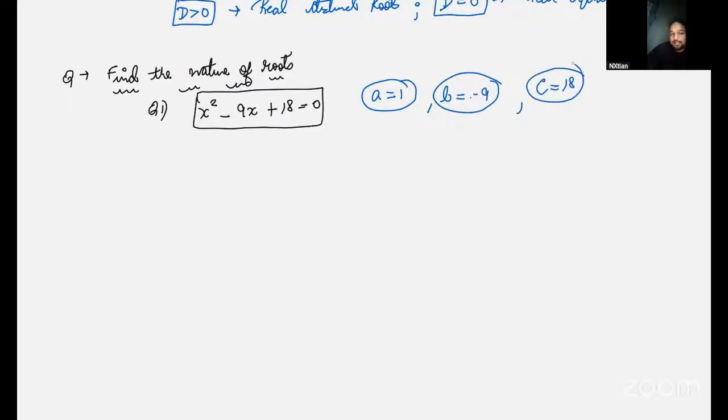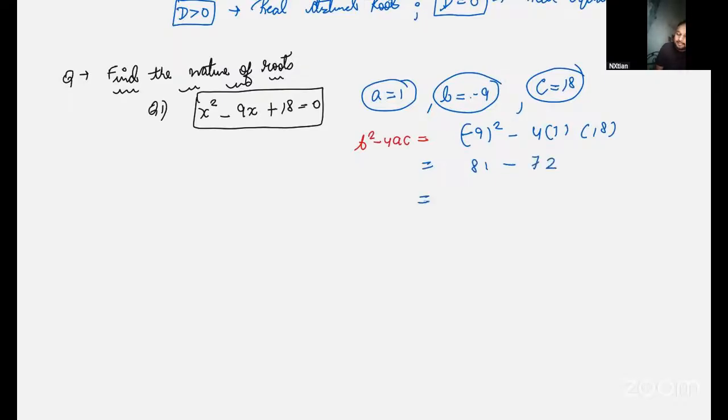Did you understand, Agatha, Miraculin, Sayan sir, everyone? Turn on your camera, everyone. Now you have to find b square minus 4ac. You put b as minus 9, so minus 9 square minus 4 into a into c, which is 81 minus 72.